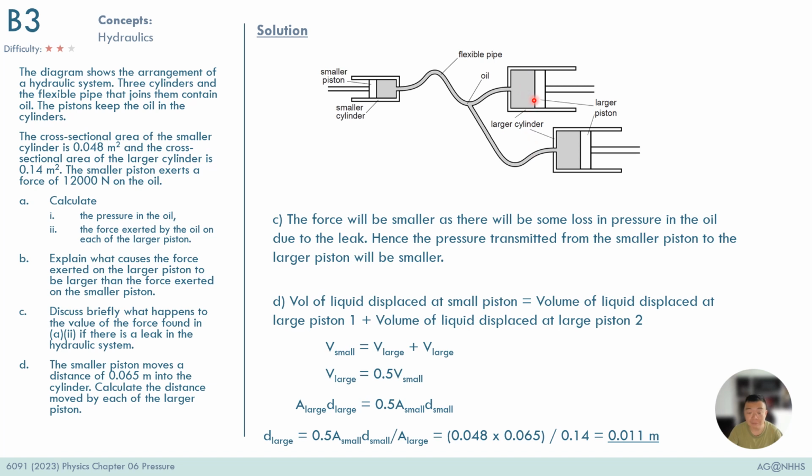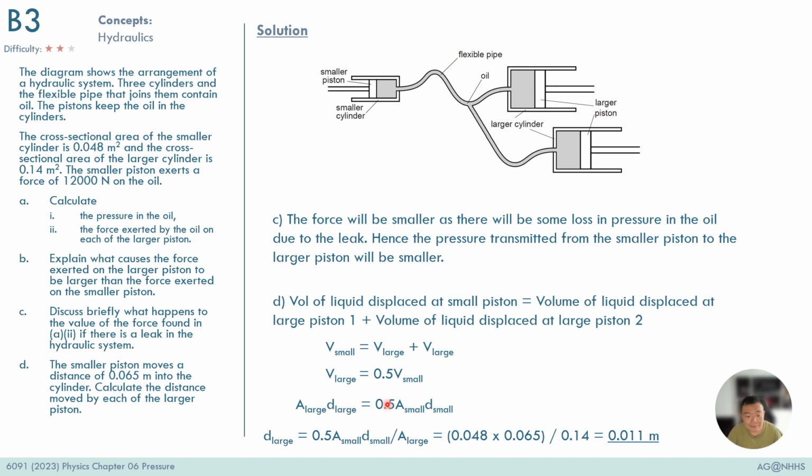While we can amplify the force on the larger cylinders, the more of these larger cylinders we have, the more the volume of oil must be shared across all these larger pistons. This means that when we have more larger cylinders and pistons, the distance moved by each of these pistons will be very, very small, and that is the trade-off for having multiple larger cylinders, even though we can amplify the force successfully.